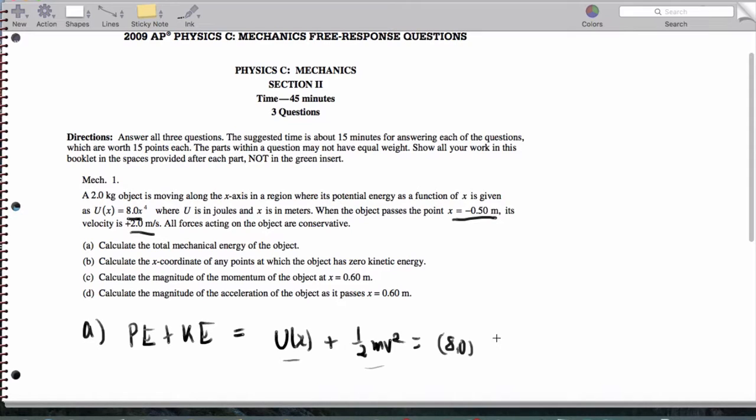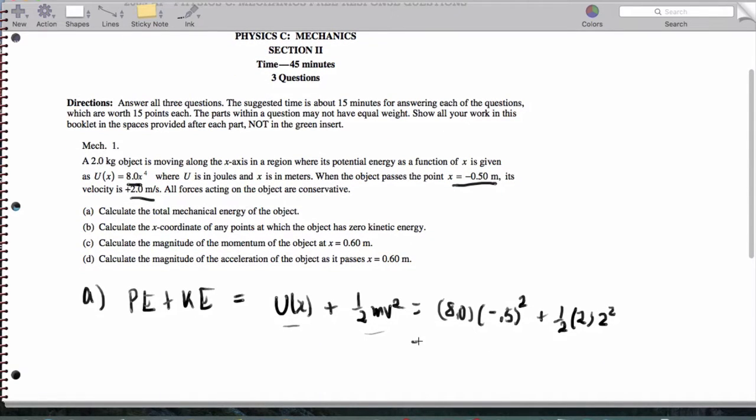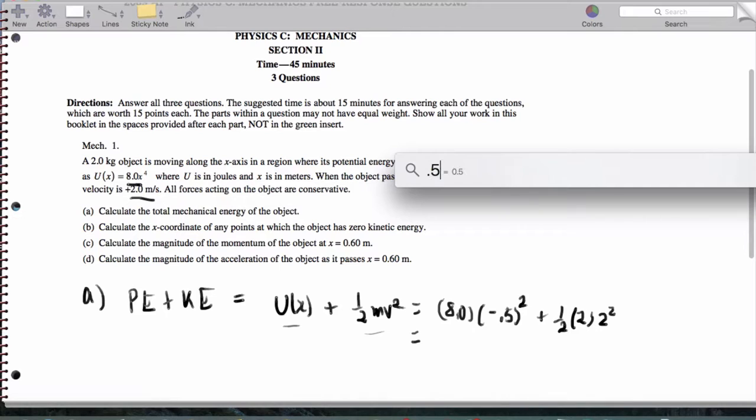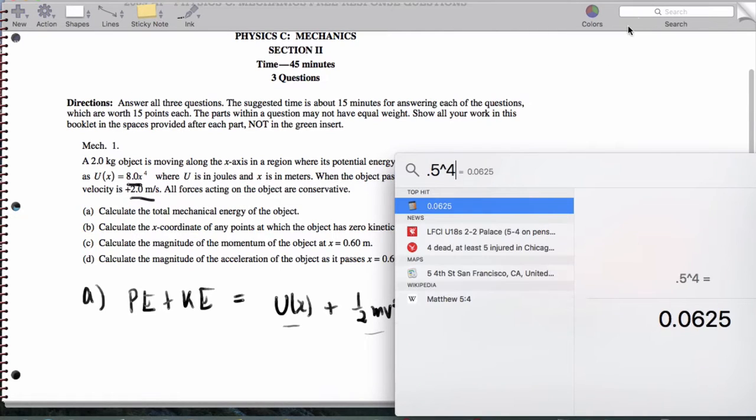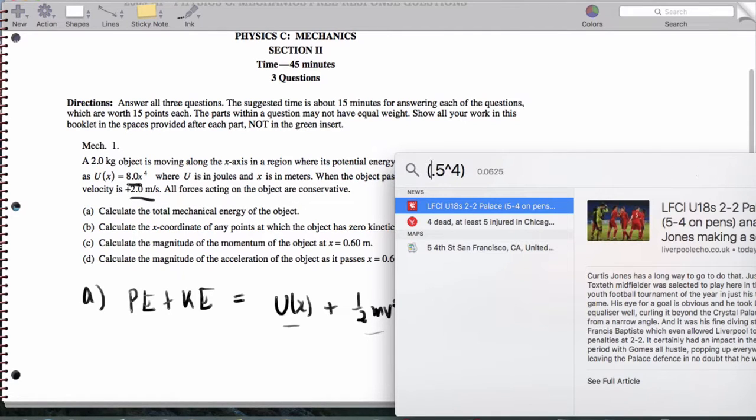x to the fourth, where I actually know the speed. So I'll put 0.5 squared plus 1/2 times the mass, which is 2, times v squared, which is 2, and we'll square that. And so I'll end up getting, let me just make sure I have this right, 0.5 to the fourth times 8.